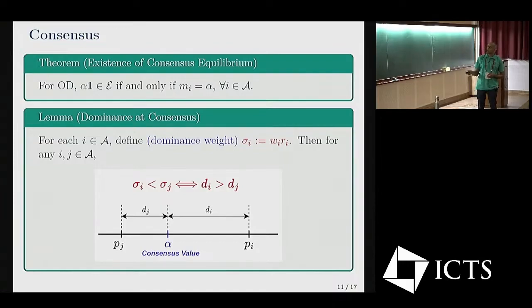And based on that, we can say this: if sigma_i is greater than sigma_j, then the distance of the consensus value from its internal preference is smaller compared to if sigma_j were greater than sigma_i. So if the dominance weight is greater, then the consensus value is closer to its internal preference. So this is a very nice interpretation that we have here.